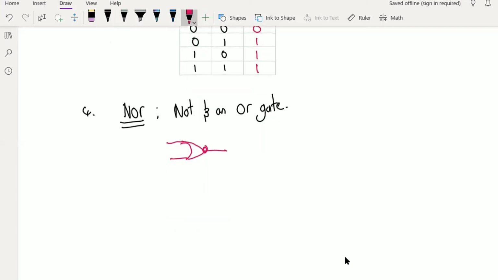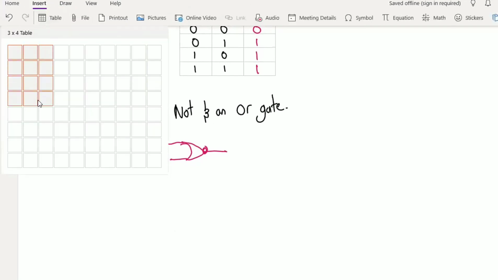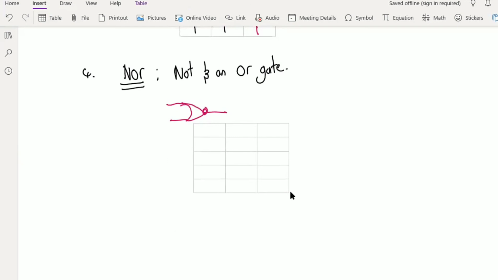All right, now for the truth table. How is the truth table different? Let me go ahead and insert another table again. How is the truth table different this time?